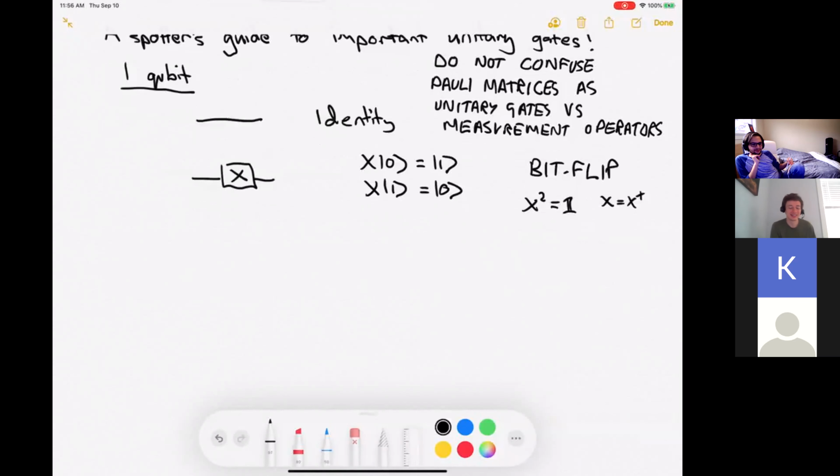So, to apply this thing as a unitary gate, what will I do in practice?